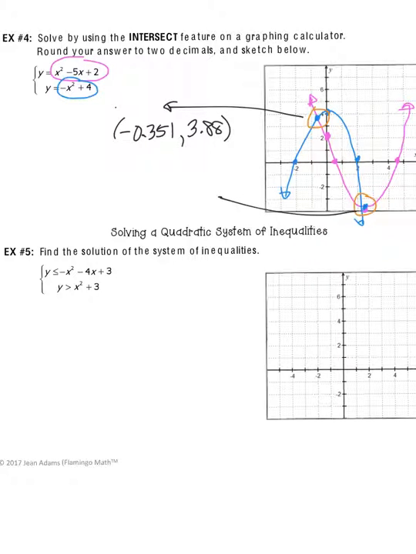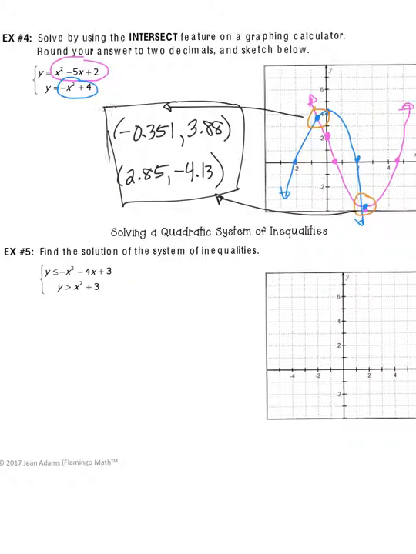Then this one is going to be 2.85, comma -4.13. All right. So sometimes you don't get nice happy points, and that's what's great about the calculator. It will do it for you. And that's all that you need to worry about.